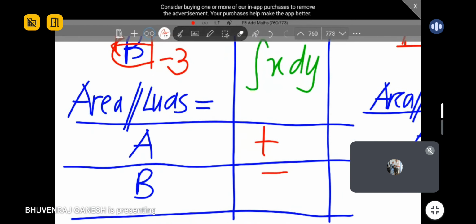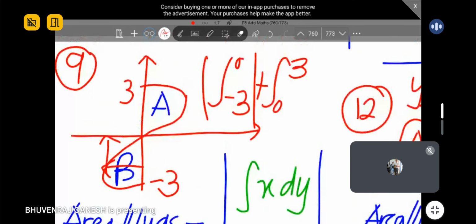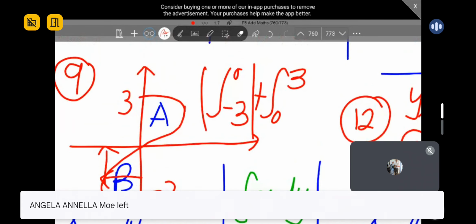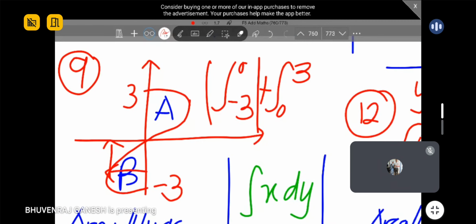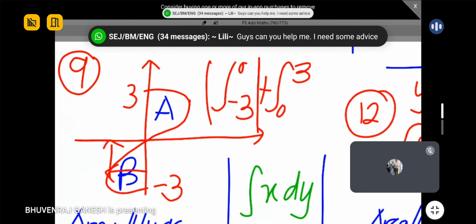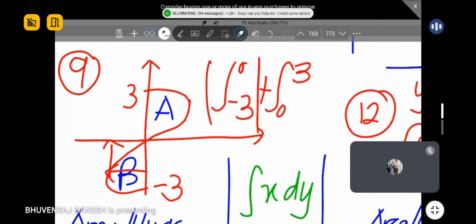Because the area of B is negative, that's why we integrate separately and take the modulus of one of them first. All right? So this is the concept. That's why it is very important to know which area is positive and which area is negative. Then only you know where to put the modulus. If you don't know which area is positive or negative, you don't know where to put the modulus.